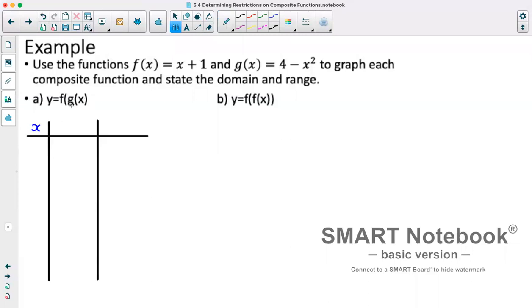For this first one, I'll start out with my g of x function because that's our inner function. So that will be g of x, which we know is 4 minus x squared. Now for this table, I'll go from, say, -2 to +2.